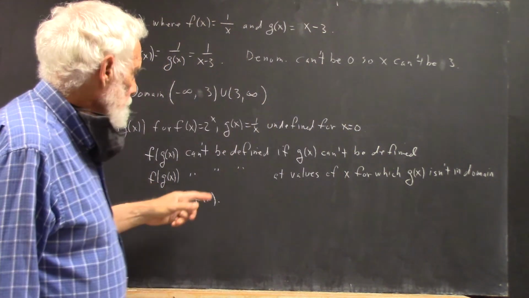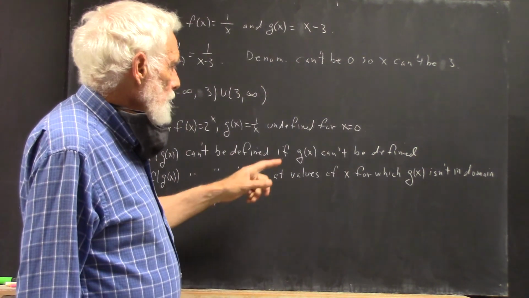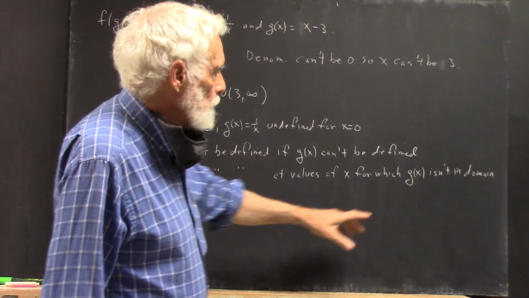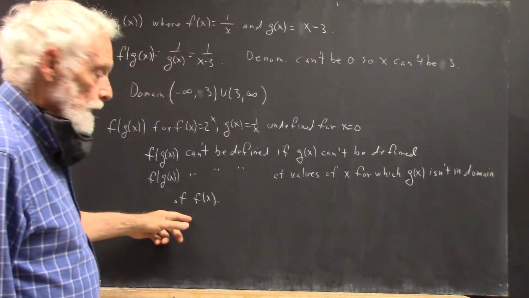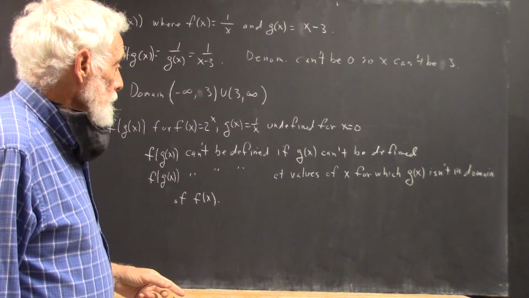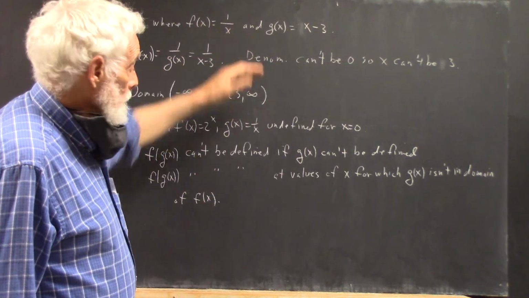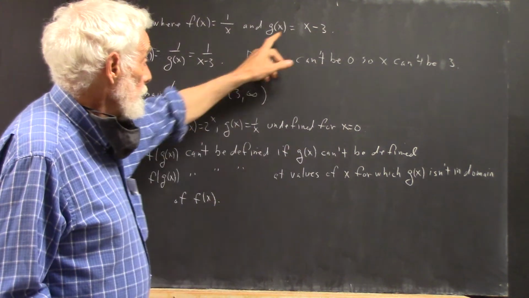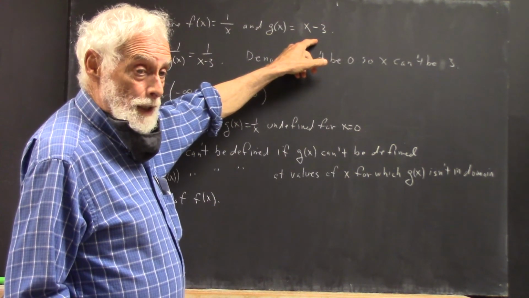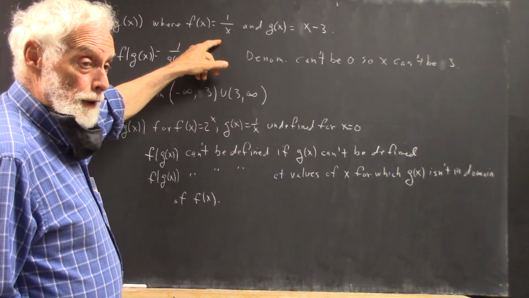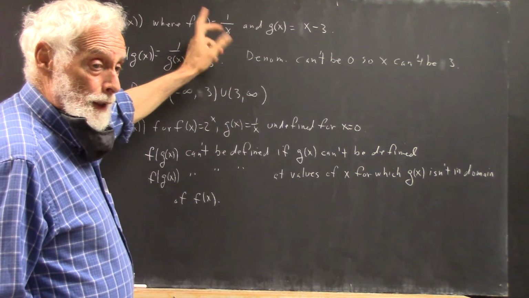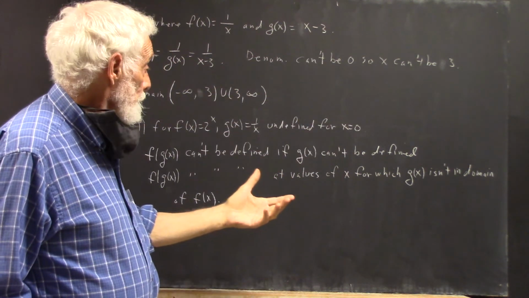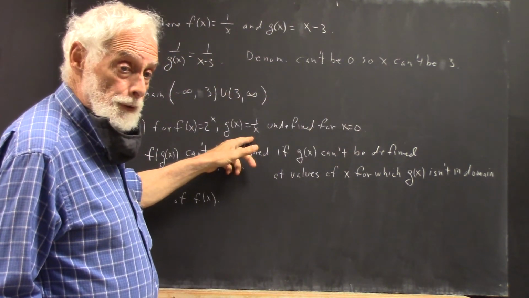And f of g of x can't be defined at values of x for which g of x isn't in the domain of f of x. Okay, that's this example. So there are two ways the domain can be restricted. The values of g of x have to lead to numbers that work in the f of x function. And you can't use values of x that make g of x undefined, which could happen, for example, in this case.